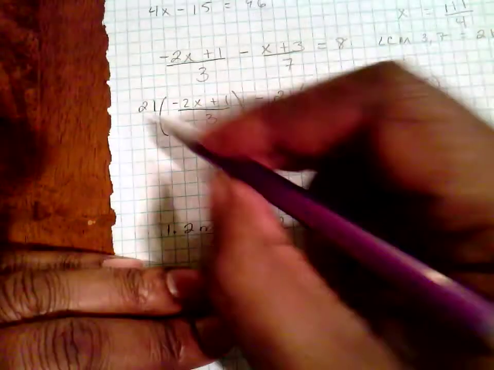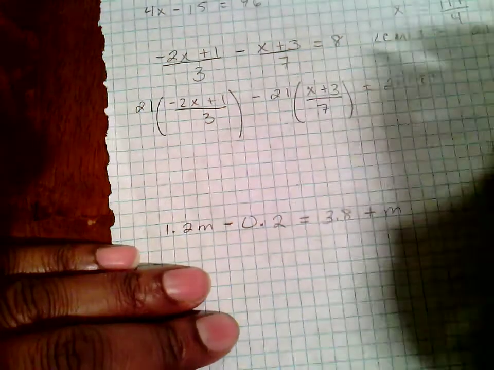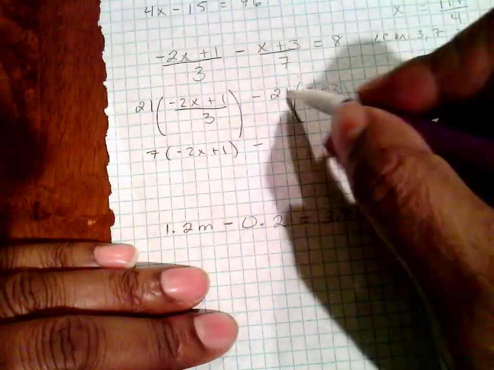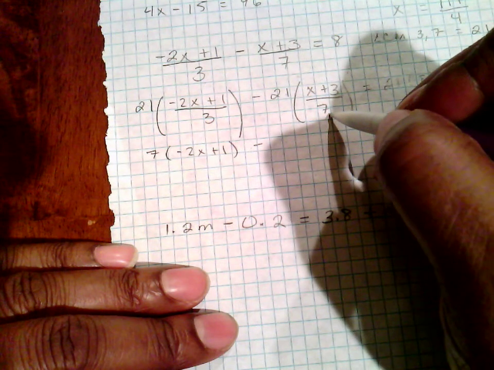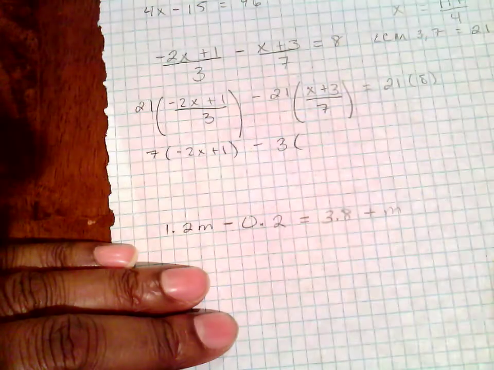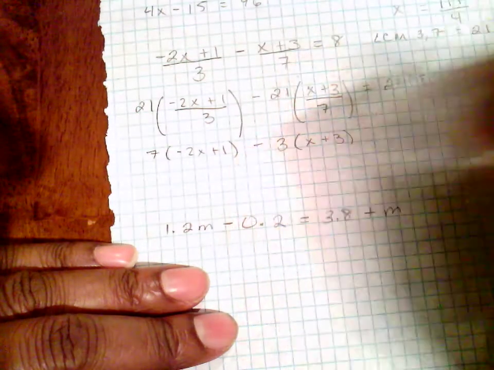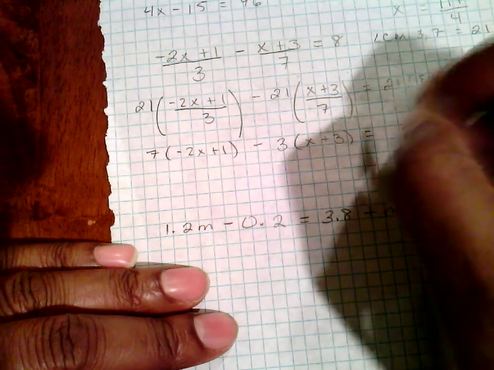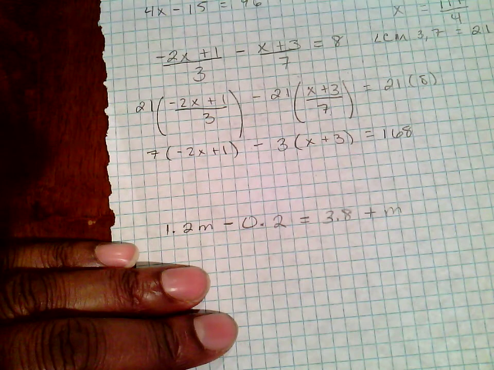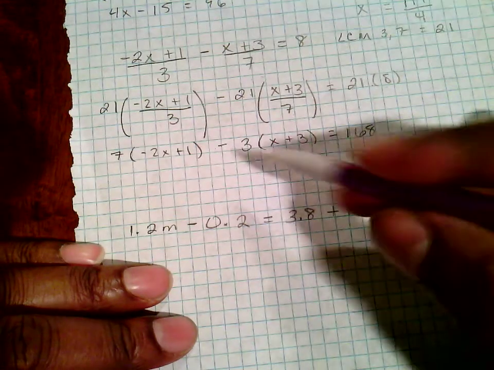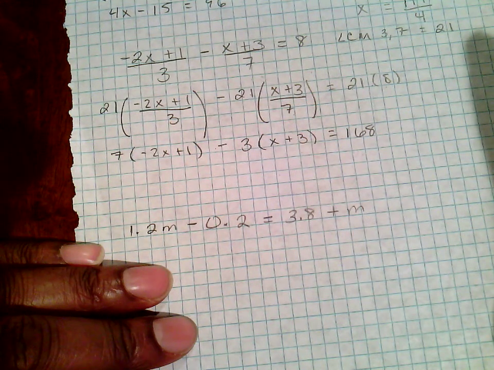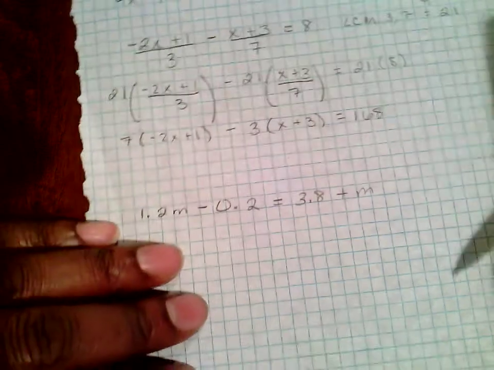All right. 21 divided by 3 is 7. So here I got 7 times negative 2x plus 1, minus 21 divided by 7 is 3. That'll be 3 times x plus 3 equal to 8 times 1 is 8. 8 times 2 is 16. 168. All right. Now we can proceed and continue solving this equation.